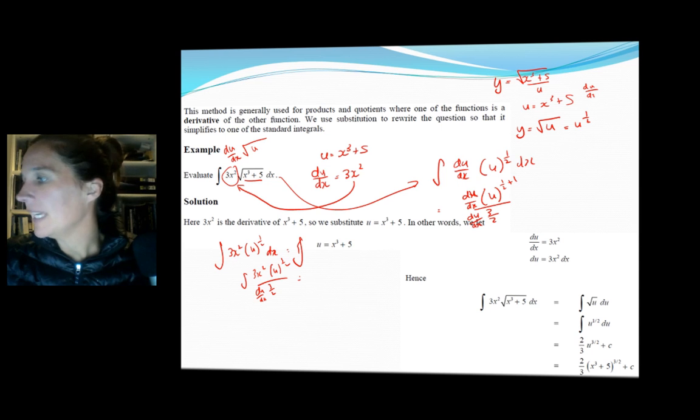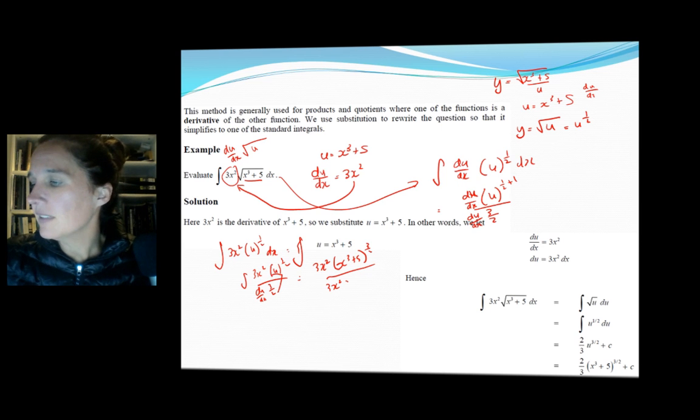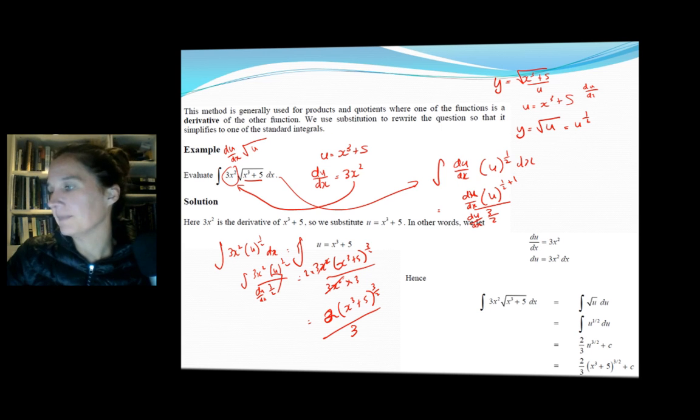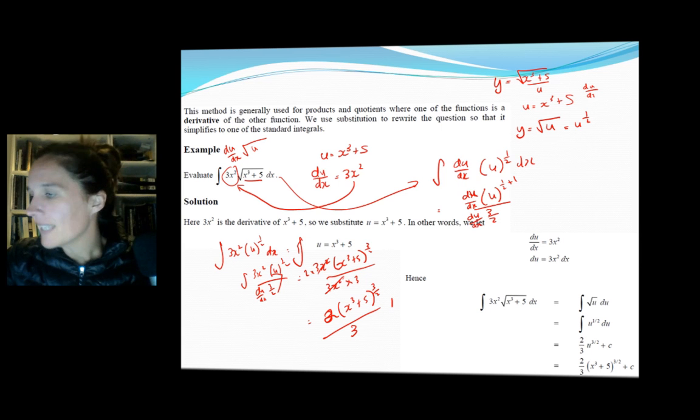So we're going to be getting 3x squared multiplied by x cubed plus 5 to the power of 3 on 2, divided by 3x squared. Our 2 is going to move up, so we multiply by 2, and here by 3. Our 3x squares cancel out. We end up with 2 times x cubed plus 5 to the power of 3 on 2, all divided by 3, plus our constant c.